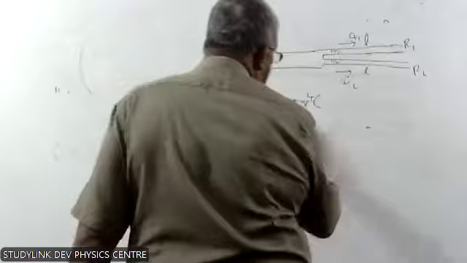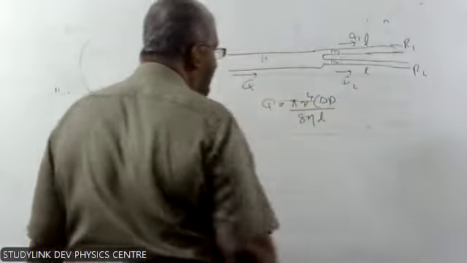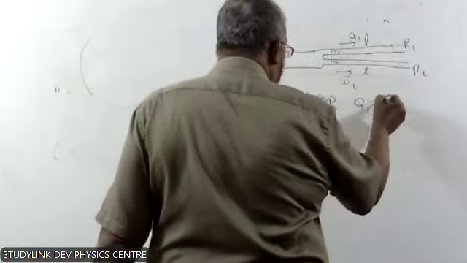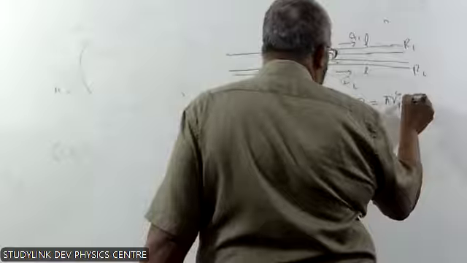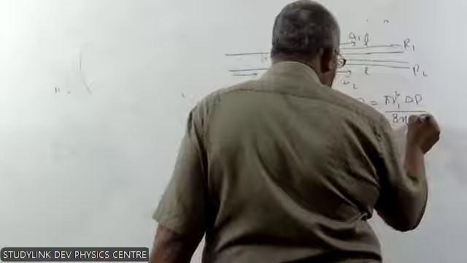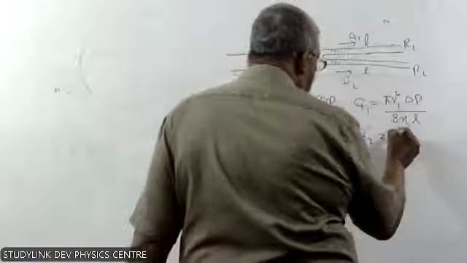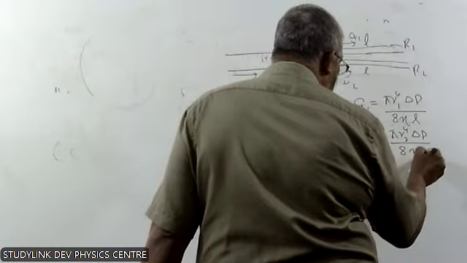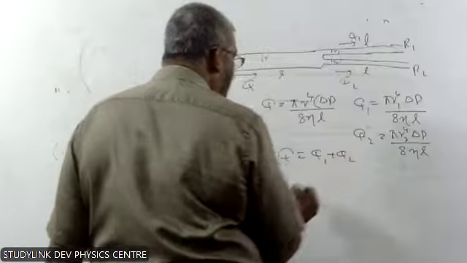Anyhow, we'll write this as delta P divided by 8 eta, and this is also L. Then Q1 is pi R1 to the power 4 delta P, same, over 8 eta L, L is the same, eta same. Q2 is pi R2 to the power 4 delta P over 8 eta L. Then Q is equal to Q1 plus Q2.